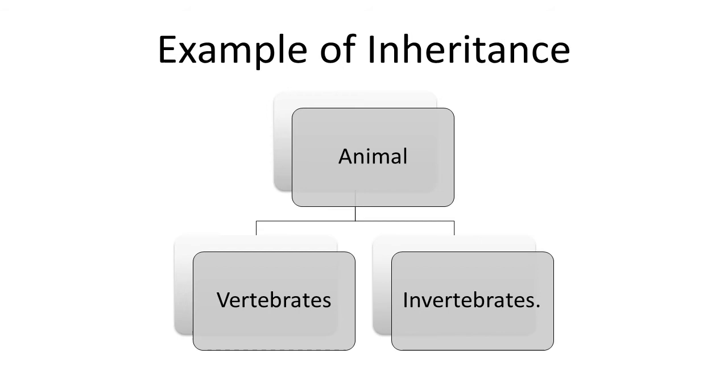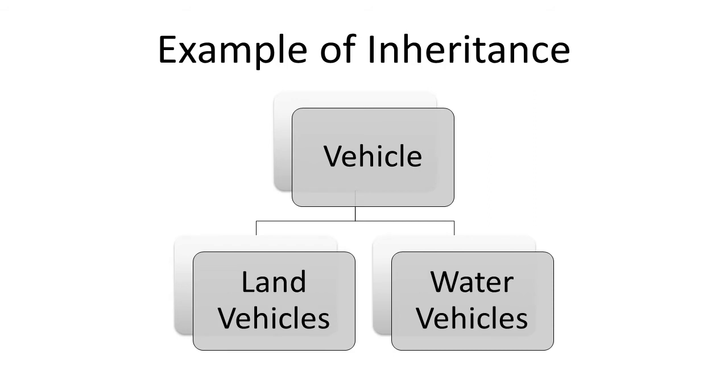Let us see a few more examples of this. Consider an animal class, which is a parent class in this case, and it has two derived classes, vertebrates and invertebrates. Vertebrates and invertebrates have their own properties, but they have some common properties and features which can be represented in the base class, that is the animal class. Or let us consider an example of vehicles.